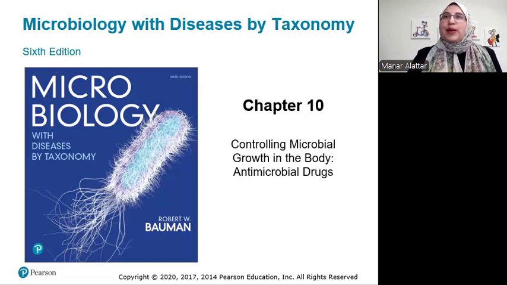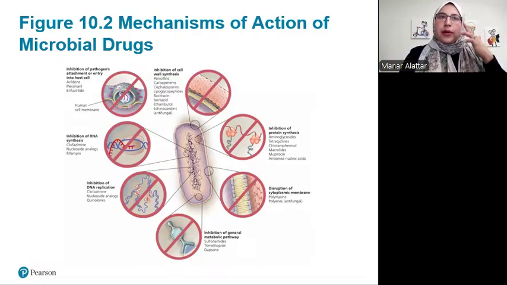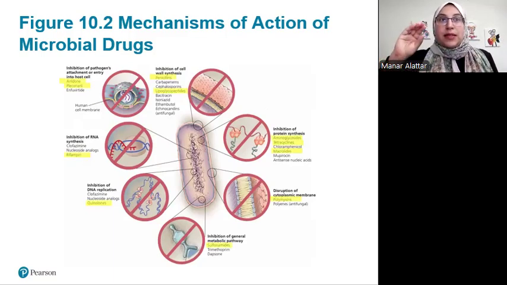Okay. A couple of notes before I have you review. There's a figure that's really going to guide our discussion today, 10.2 in the book, that goes through the different mechanisms of action that we use for antimicrobials and gives examples. For the learning objectives, we're just going to take a subset of these that are representative of the different mechanisms of action, and that's what we're going to be responsible for.